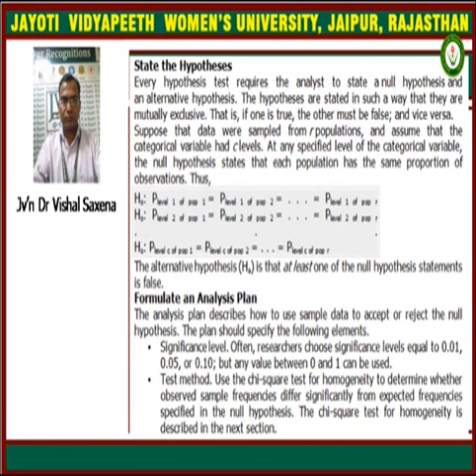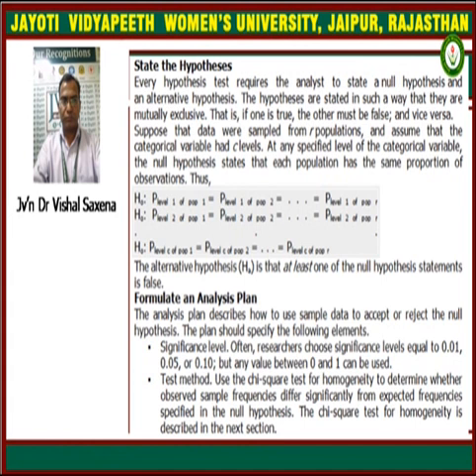Now the second step of the process is the formulation of the analysis plan. The analysis plan describes how to use the sample data to accept or reject the null hypothesis. So what is the method for acceptance or rejection?